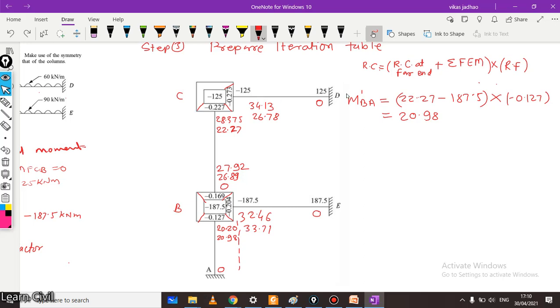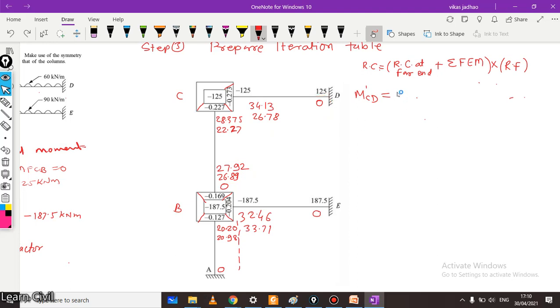So for this member CD, we will find out the rotation contribution. M dash CD is equal to rotation contribution at far end, that is 0, plus this 27.92.